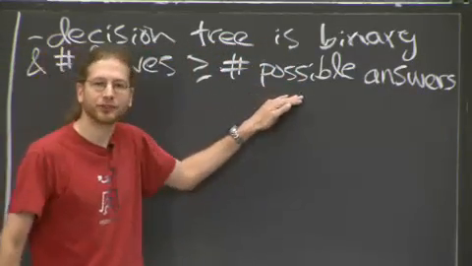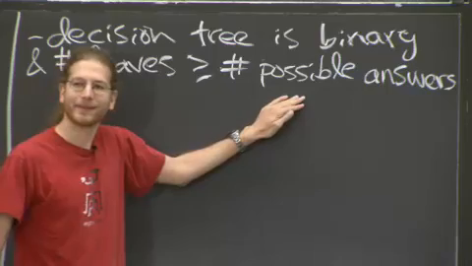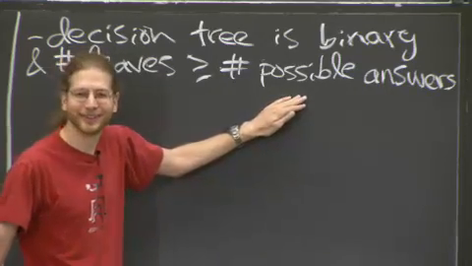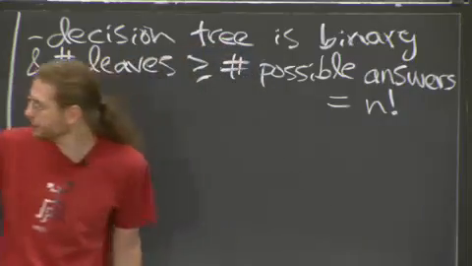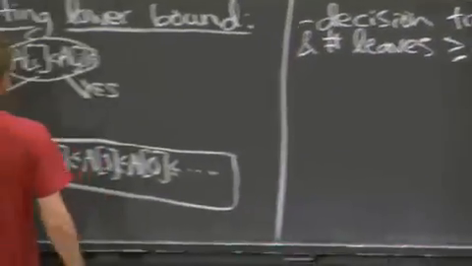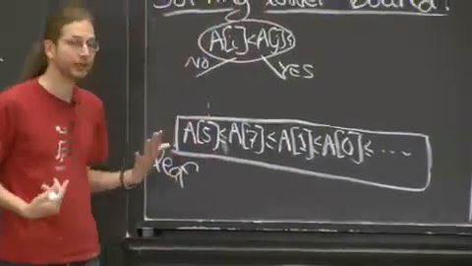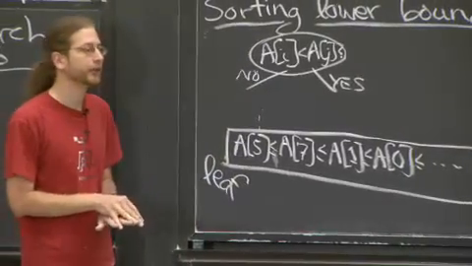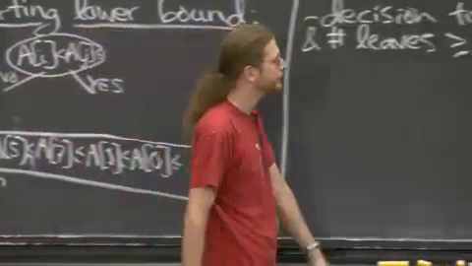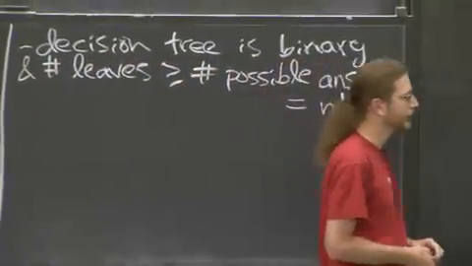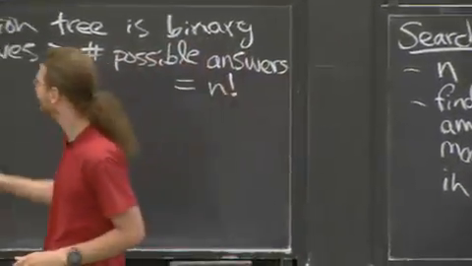And how many possible answers are there? N factorial. The number of permutations. This is a permutation of the input sequence. And if all the items that you're given are distinct, there will be n factorial permutations of them. So that's the worst case. So n factorial.